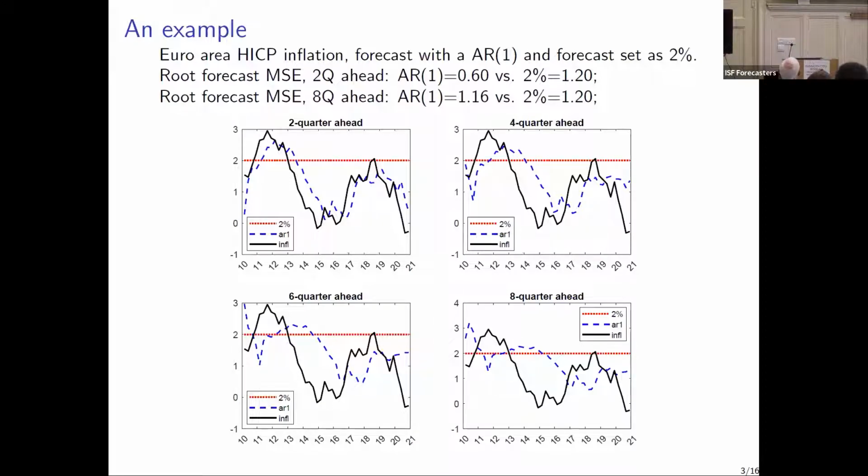We have the black line, which is the inflation for the euro area from 1999 and all the way on. The blue line is a forecast that you make if you just fit an autoregression of order 1. Not a fantastic model, but just as a pretty example.